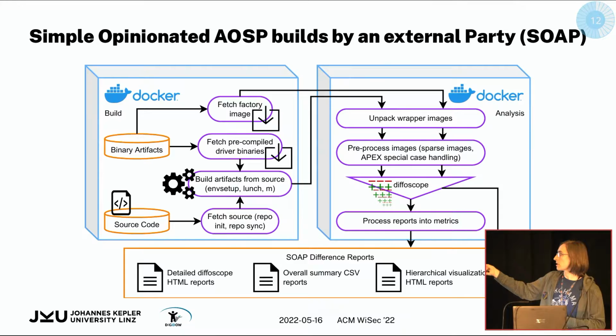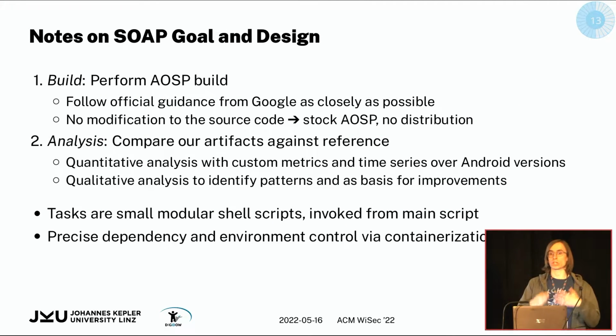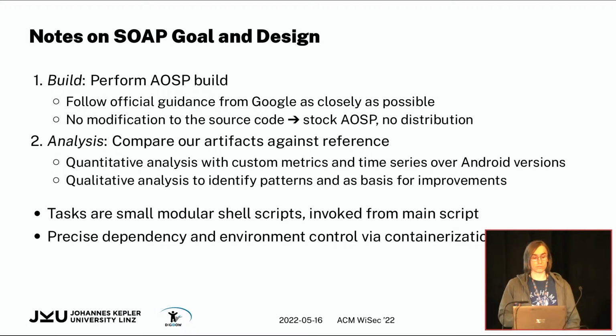Now, the build instructions for Android itself are mostly commands in a shell script. So the obvious choice for us was to just go ahead and build small modular shell scripts that are then being triggered from a main script that invokes it. Also, as we saw on the previous slide, we had two Docker containers actually here that allow us to do very precise dependency management and environment control via this containerization mechanism.